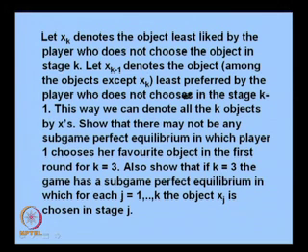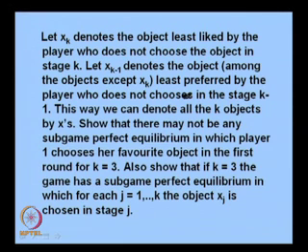This way we can denote all the k objects by xs. Show that there may not be any subgame perfect equilibrium in which player 1 chooses her favorite object in the first round for k equal to 3. Also show that if k is equal to 3, the game has a subgame perfect equilibrium in which, for each j going from 1 to k, the object xj is chosen in stage j.